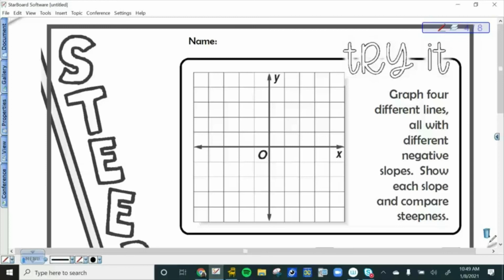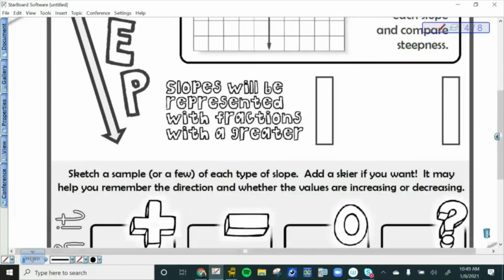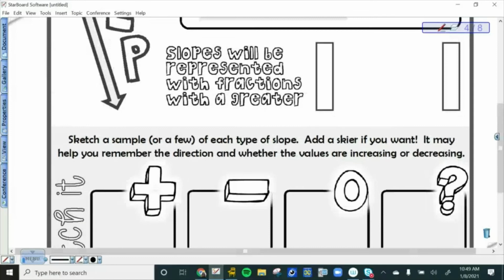Cool. Okay, we have one more thing to cover on here, which is down at the bottom. So first, slopes will be represented with fractions.